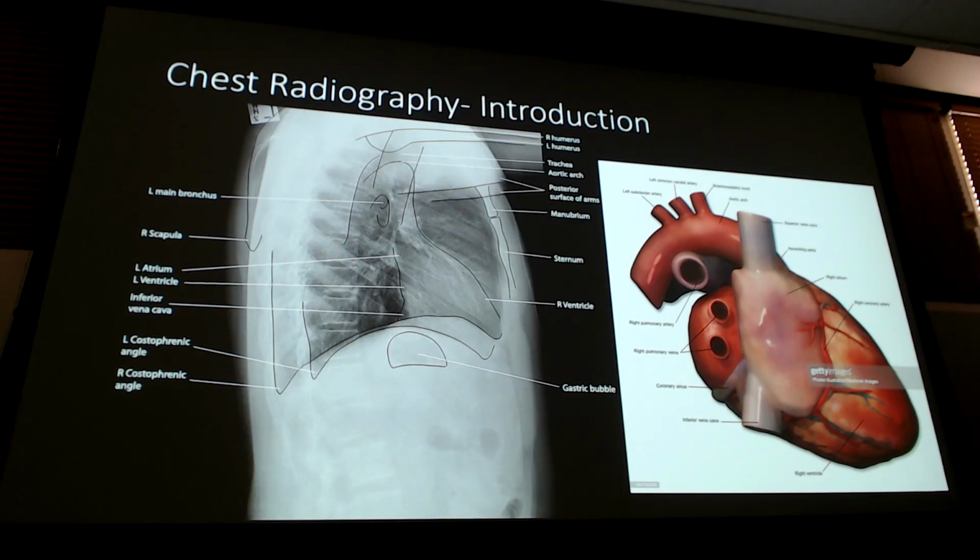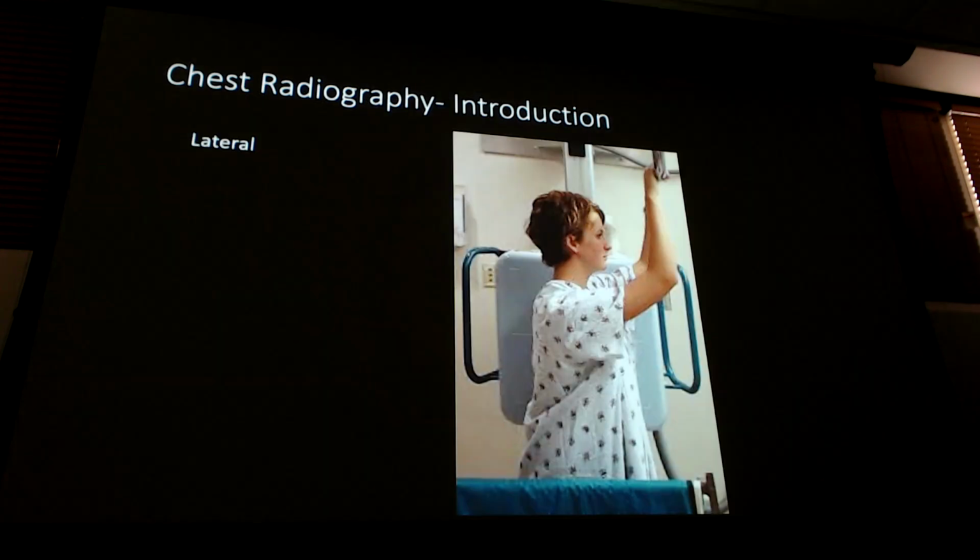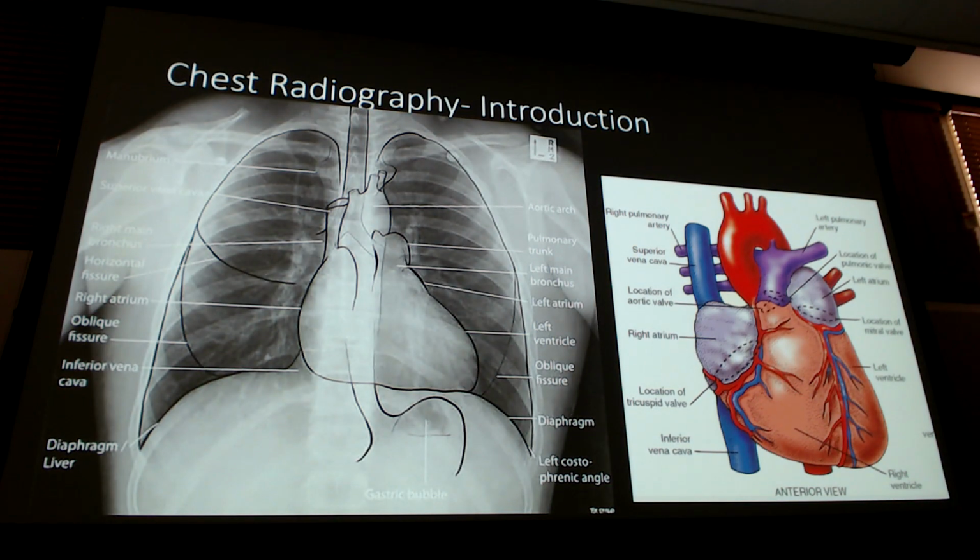We'll talk about those later. Those are things that we can't see because of what's going on here from an anatomy standpoint. But most of your evaluation is going to be from a PA chest x-ray or an AP chest x-ray. Your lateral is usually used in adjunct with it to help you pinpoint stuff and figure things out.